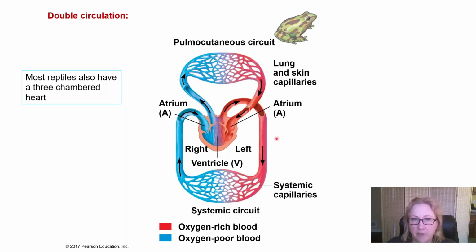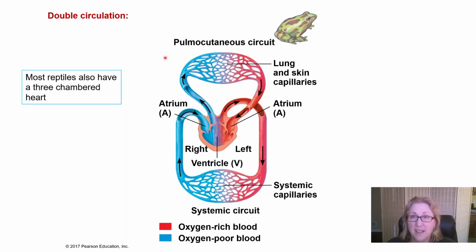So here's what we have for amphibians. Now they have a 3-chambered heart. So blood is coming in, deoxygenated blood from the rest of the body enters the right side of the heart. Blood from the lungs and the skin. Now their pulmonary circuit also includes the skin, because if you remember for amphibians, remember how in our bullfrogs the skin was highly vascularized, and it is part of the gas exchange.